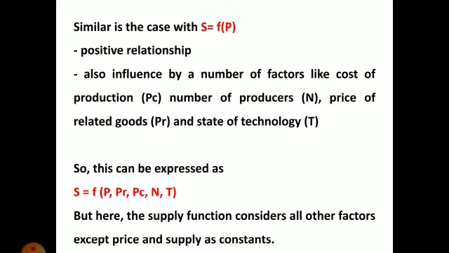So here the supply function considers all other factors except price and supply as constants. Then it becomes easy to analyze. So this is all about the functional relationship and the two concepts, namely constants and variables.